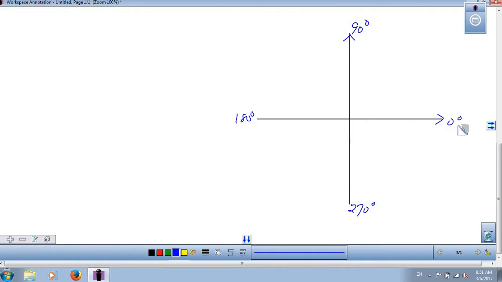There are 4 of them: 0 degrees, 90 degrees, 180, and 270. Well, there are actually more because it keeps going on. It's a periodic function, so we'll talk about how everything repeats itself. The quadrant angles are the angles that divide the quadrants: 0 degrees, 90 degrees, 180, and 270.